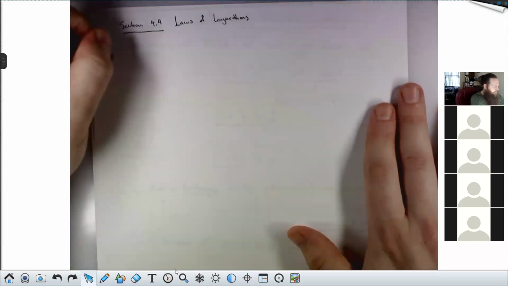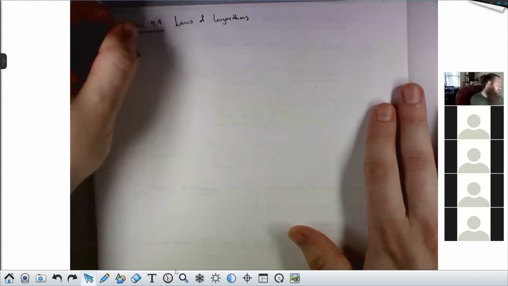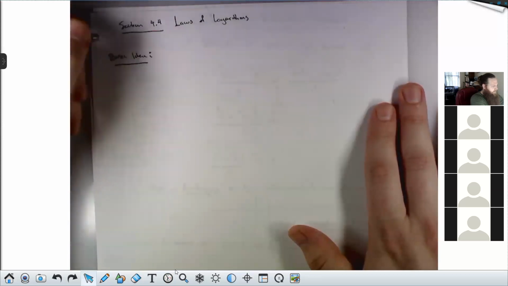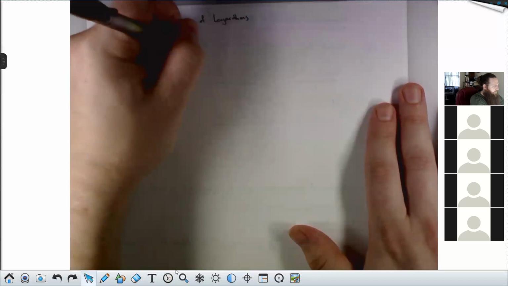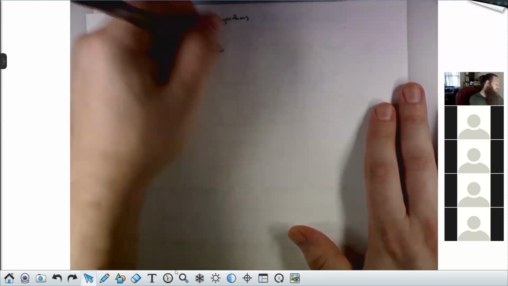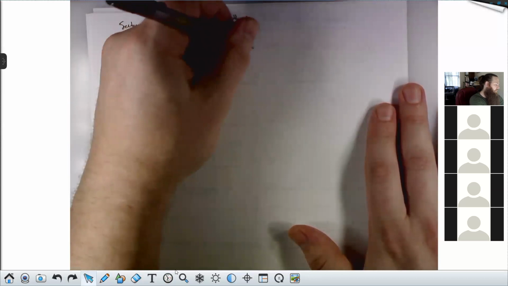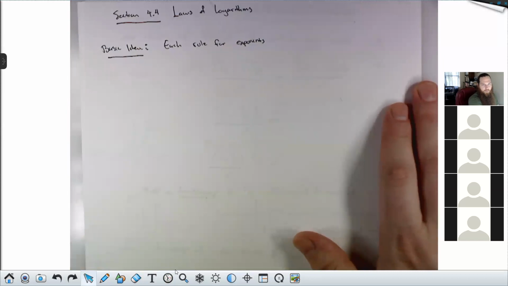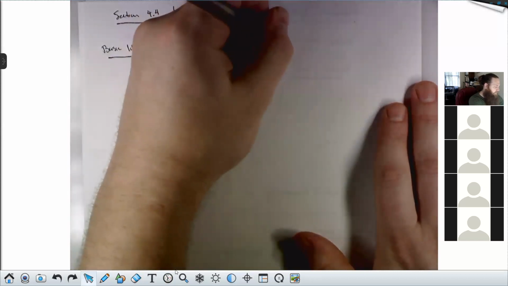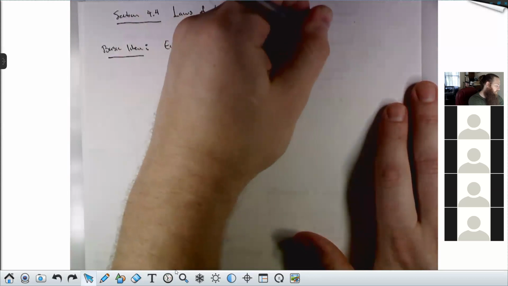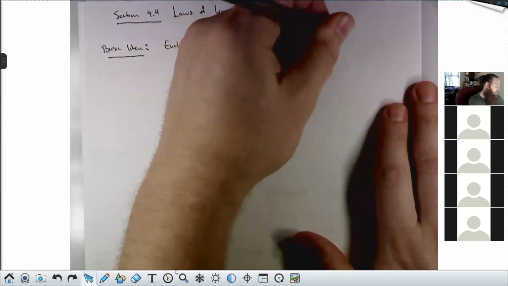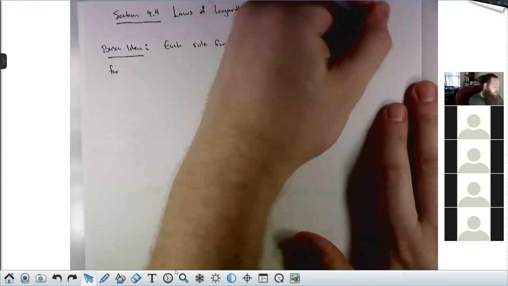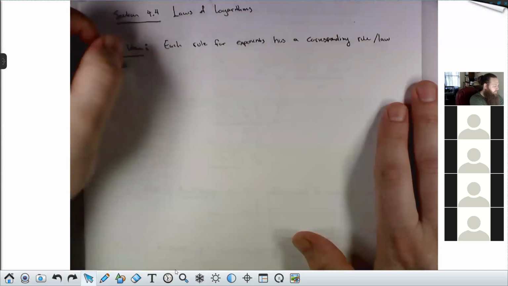The basic idea is that each rule for exponents, like multiply like bases means adding the exponents, each one of those has a corresponding rule for logarithms. Rule of law for logarithms.